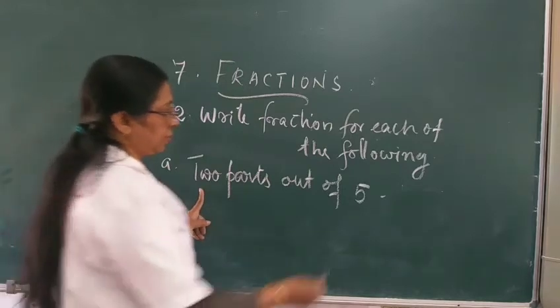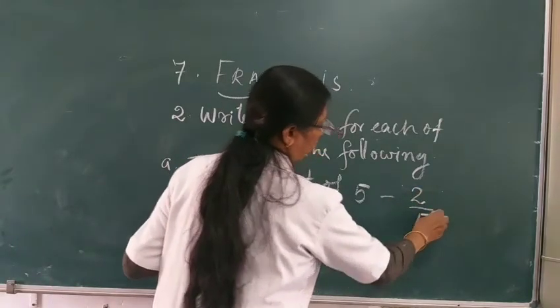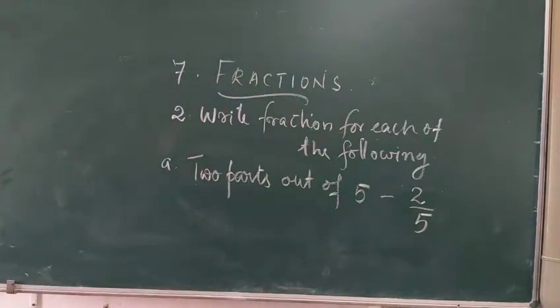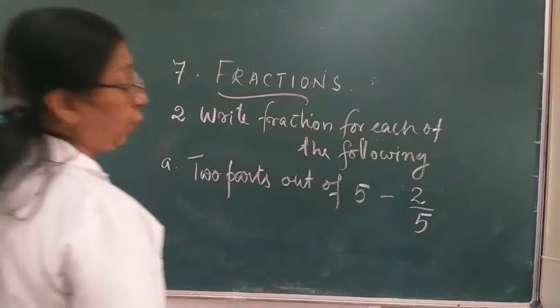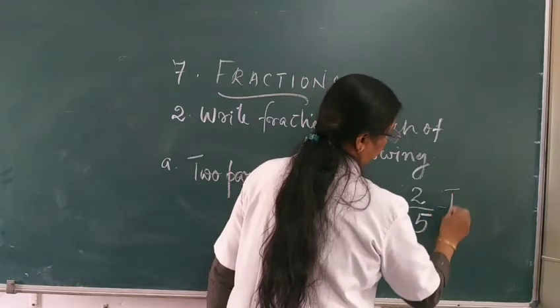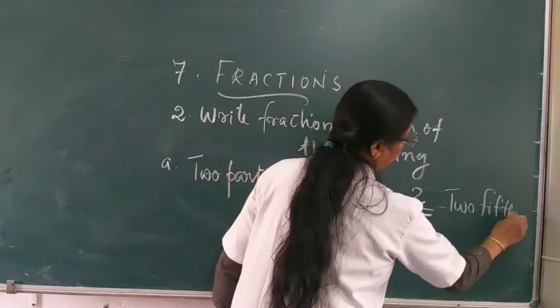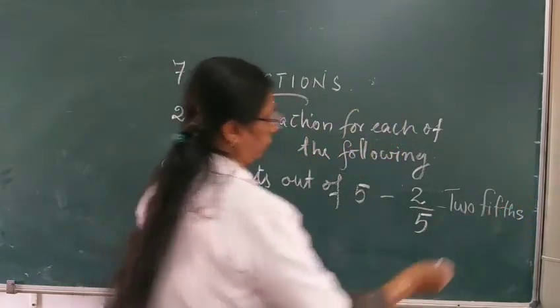That is 2. This represents 2 by 5. Then write 2 by 5 as 2/5. It is also written like this, 2/5. F-I-F-T-H-S. 2/5.